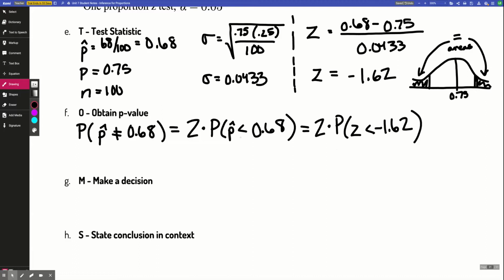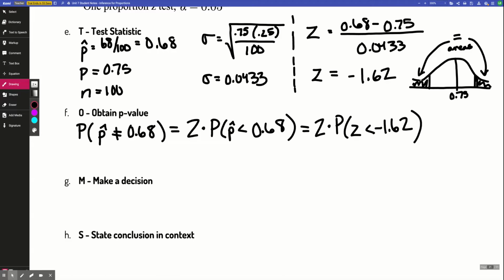Now, the reason that I went with the less than probability here rather than the greater than probability is because I looked at my z value and it was negative. So it's going to be a little easier for me to find the probability that z is less than a negative, because that would put me in this general area.